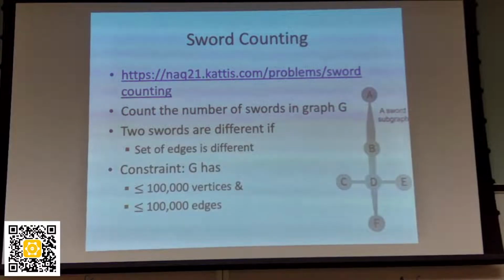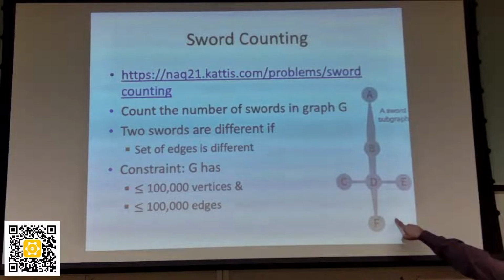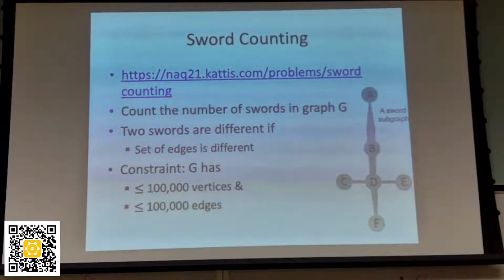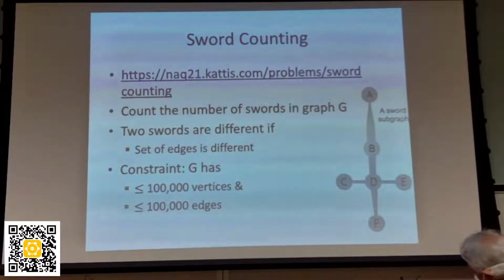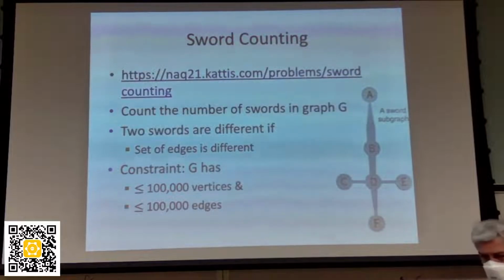Any questions so far? Everyone clear about what a sword is and how they look in a graph? Yes? Okay. Actually, maybe if we could go over that one more time. So a sword. I guess we need one with, like he said, a degree of 4. Yes. So the degree of 4 is here, right?